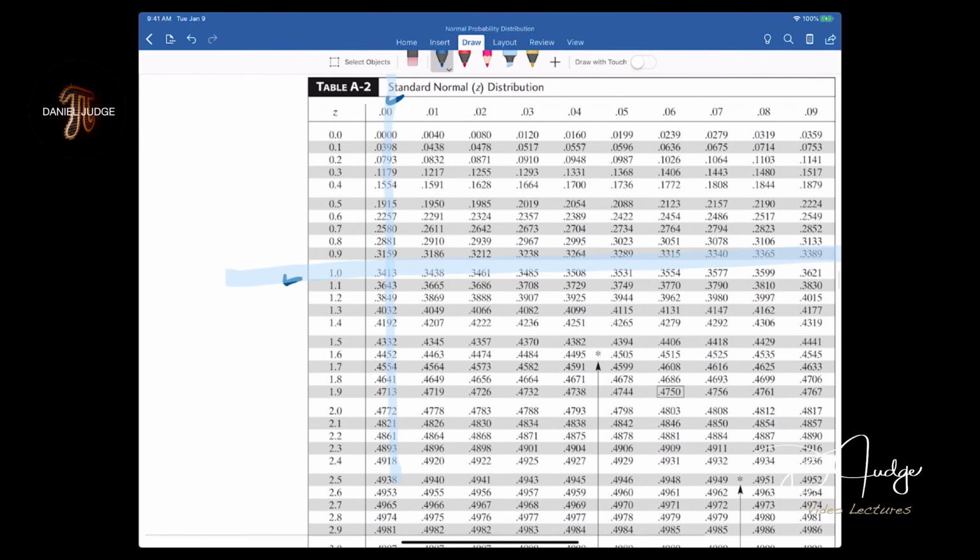Let's try number 6. What are they asking for 6? Between 115 and 135. That means 115 is less than or equal to x, which is less than or equal to 135. Okay. 115 to 135.